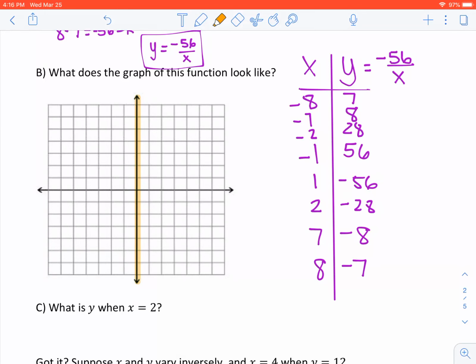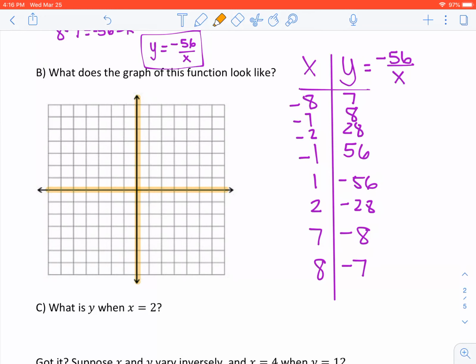And it turns out that you can't plug in x equals 0, but y will also never be 0. There's no number that I can plug in for x that's ever going to make it 0. So like as you saw, 1, 2, 7, 8, nothing made it 0. I can't plug 0 in. Nothing comes out as 0. And so what we have here is that none of the y's can be 0 as well. And so those two axes, the x-axis and y-axis, we call them horizontal asymptotes and vertical asymptotes. And we're going to learn more about them in the next section.